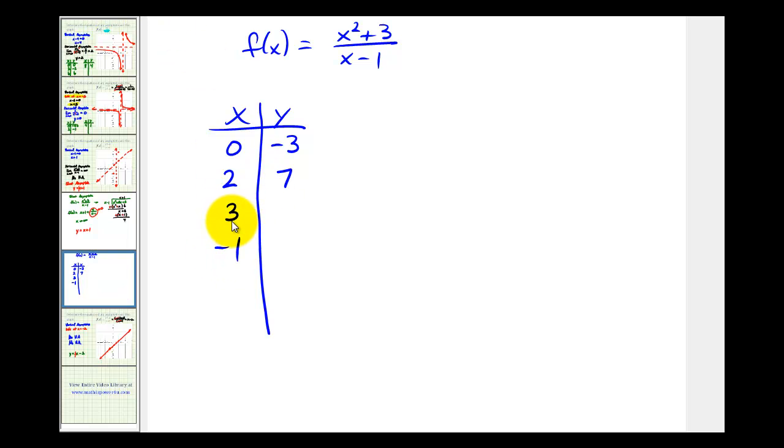If x is 3, we would have 9 plus 3, that's 12, divided by 2, that's 6. And if x is negative 1, we would have 4 all over negative 2, which is negative 2. So let's plot the point 3, 6 and the point negative 1, negative 2.